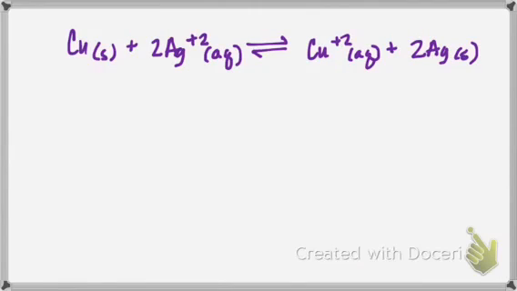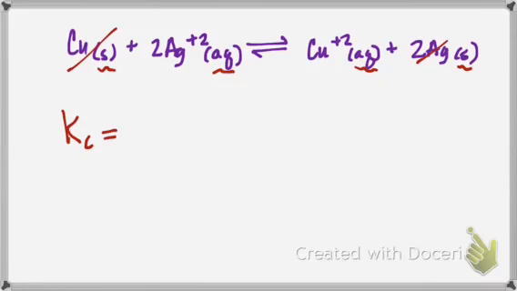So we've got another equation here. We look and we have a solid, aqueous, aqueous, and solid. You don't have any gases there, so you're looking at just a Kc, and again we ignore our solids. So we are going to start with our products and our aqueous, and essentially you can ignore the copper and the silver as far as the solid forms.